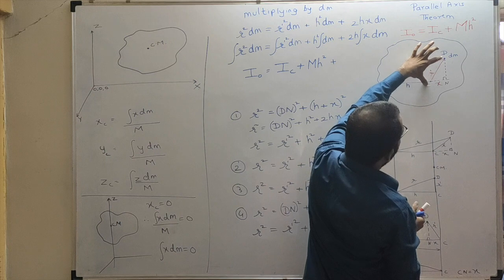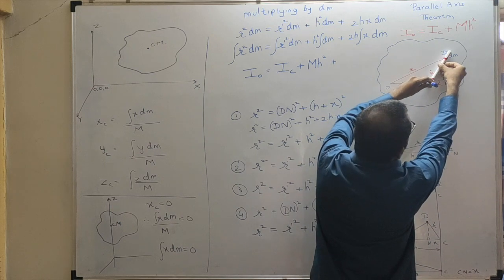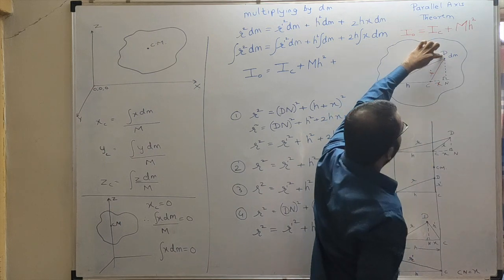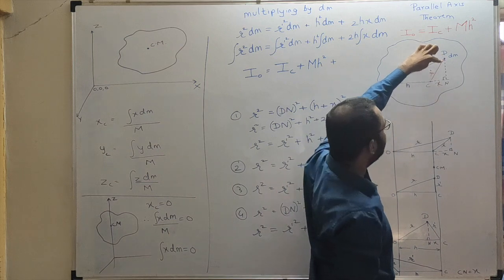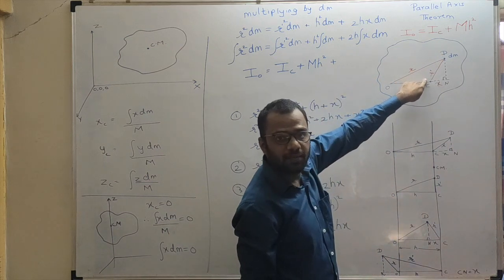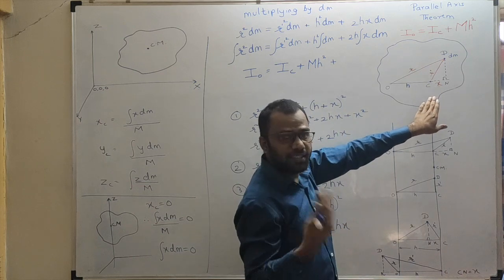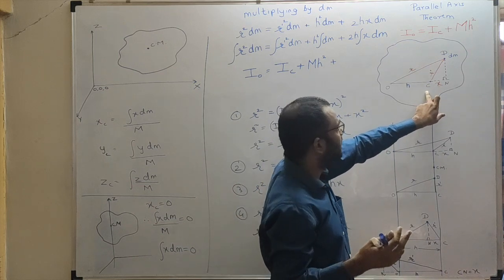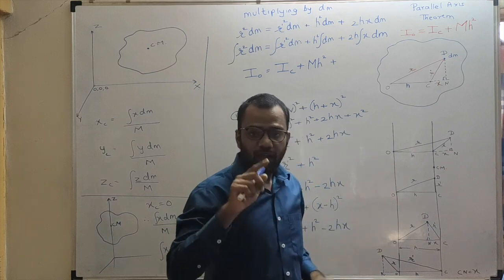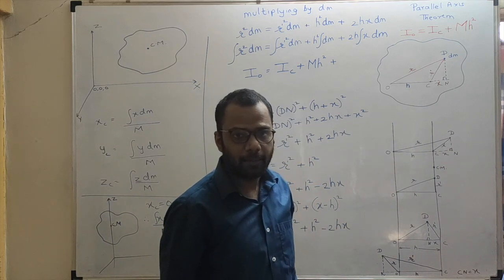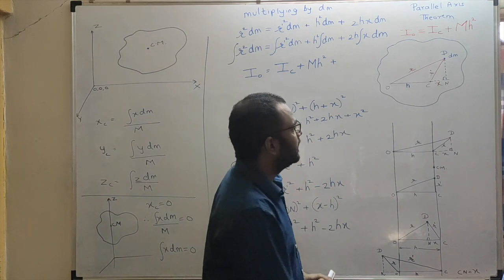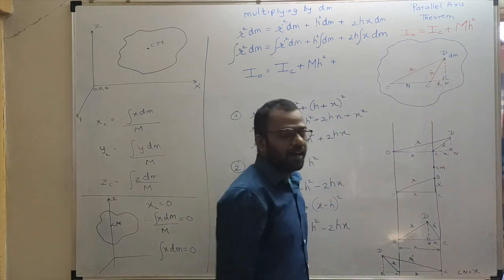As you can see, r dash is the perpendicular distance of this particle of mass dm from C. So moment of inertia about an axis passing through C will be integration of r dash square dm. We are calling this distance r dash.